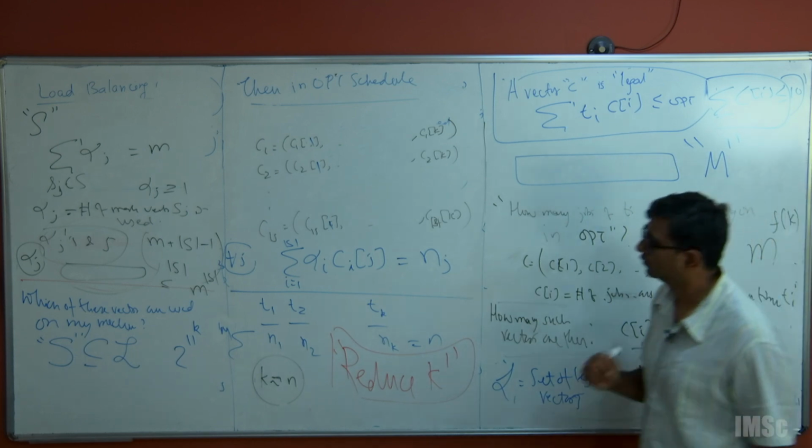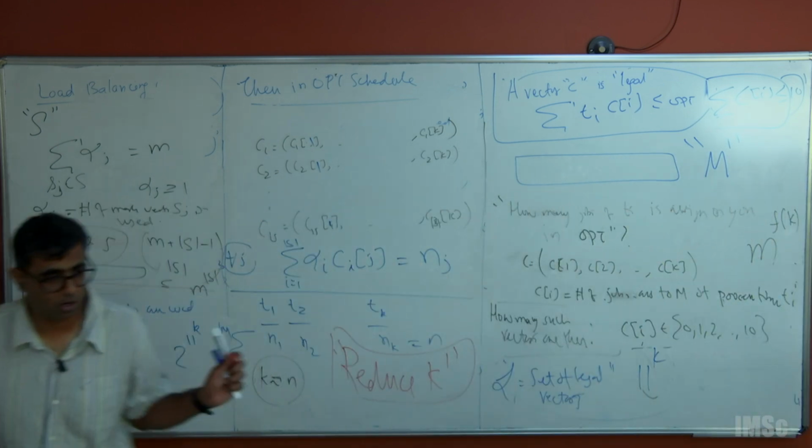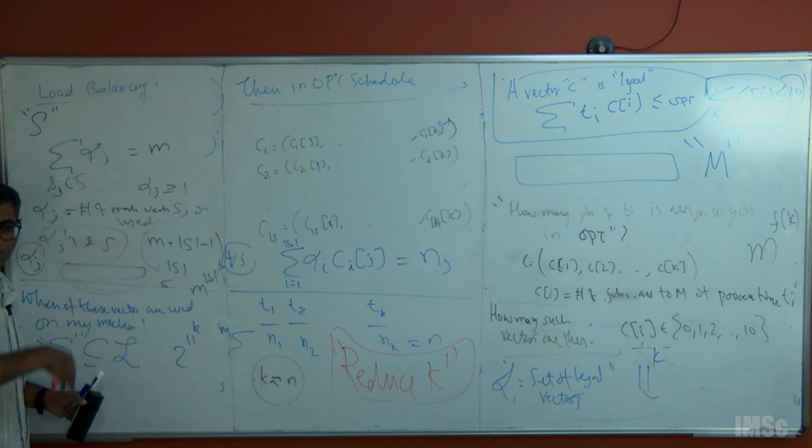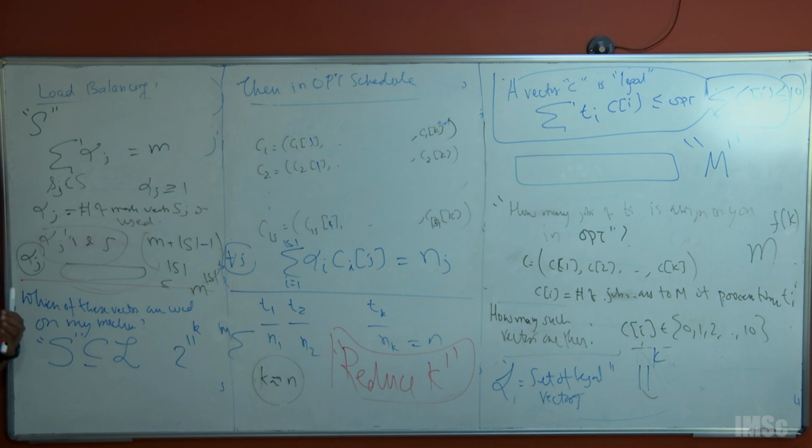Now do you at least understand the overall idea of where my algorithm is going? I reduce this problem of load scheduling to nothing but trying to find items in a way that the sum is equal to this. So I try to understand the problem more like an ILP, integer linear programming problem, rather than a load scheduling problem.